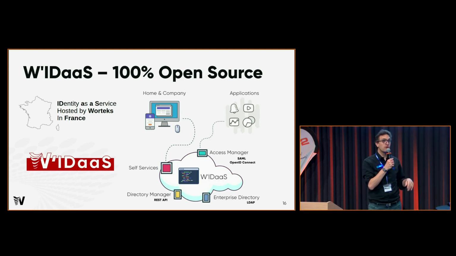So there is no Google, Amazon, any proprietary software to run this identity platform. And as far as I know, it is the only fully open source identity platform that you can have hosted in France.